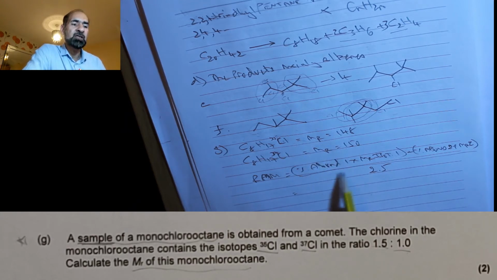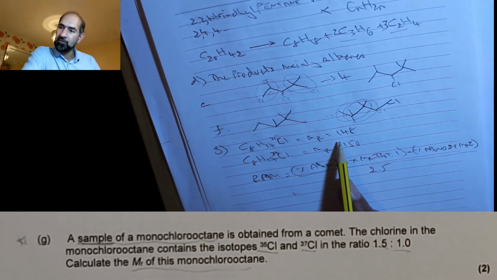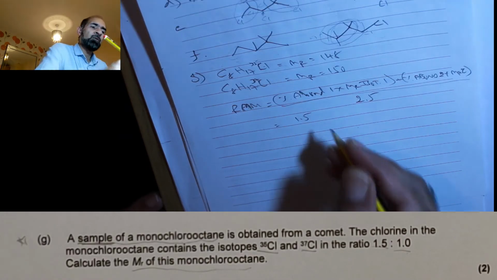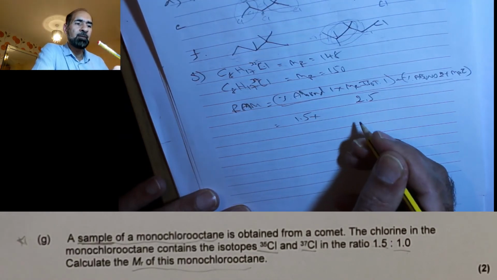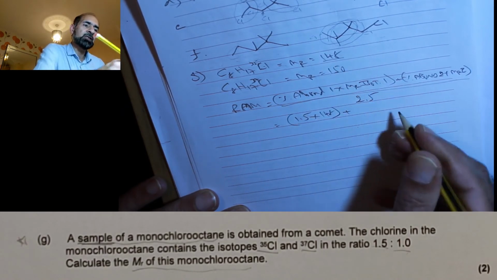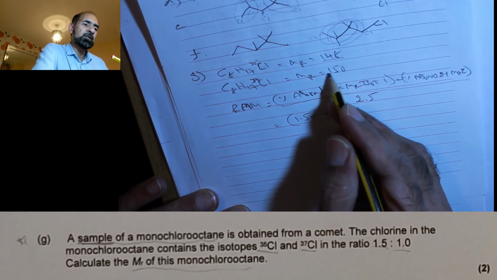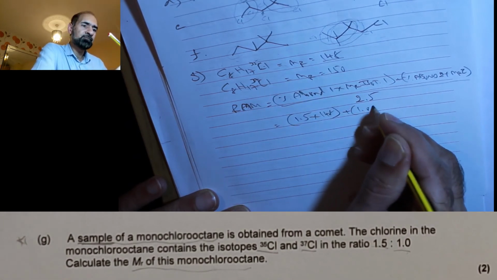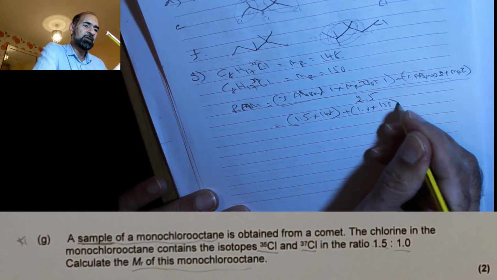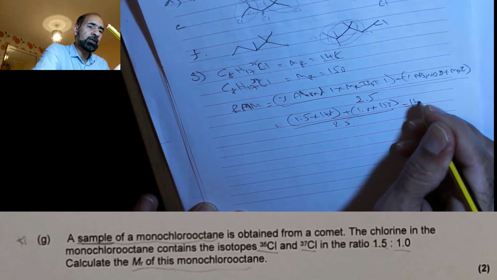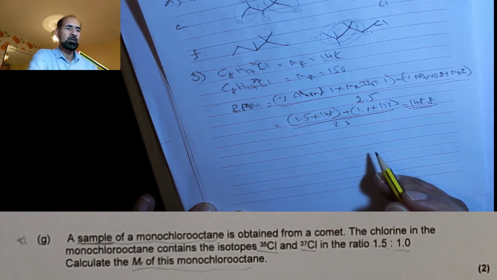The abundance of isotope 1, Cl35, is 1.5, so 1.5 times the MR of that, which is now 148, plus the abundance of isotope 2, that's 1.0, times 150, and then divided by 2.5, and that should give you 148.8. Okay, so that's 2 marks.